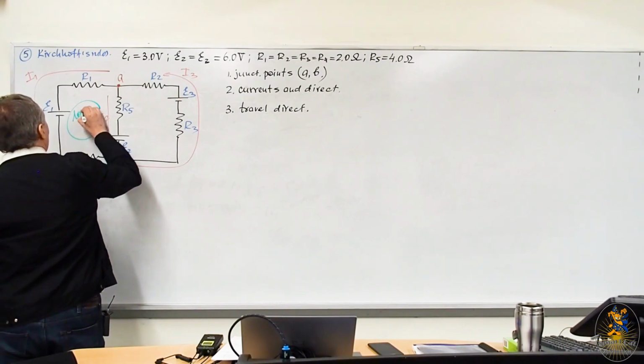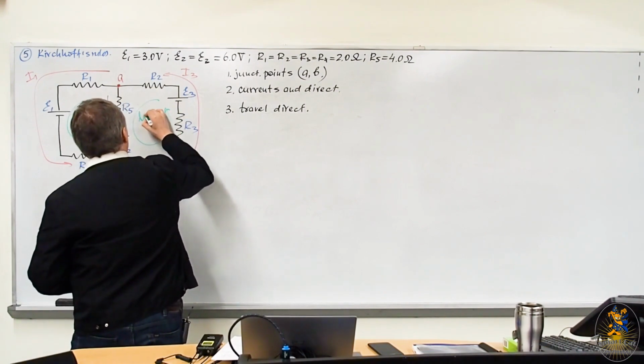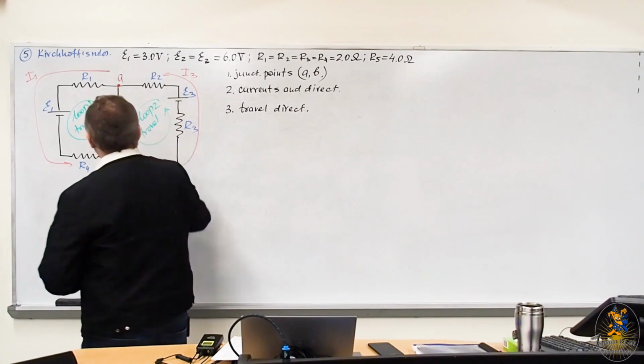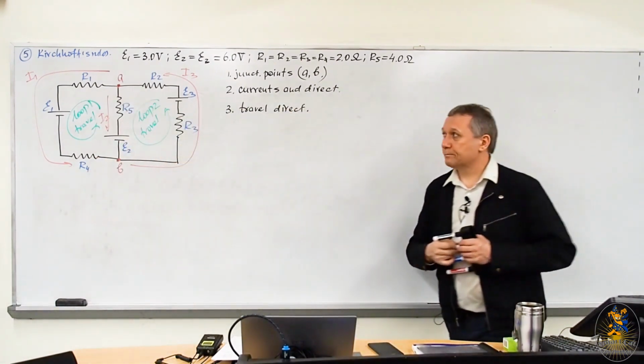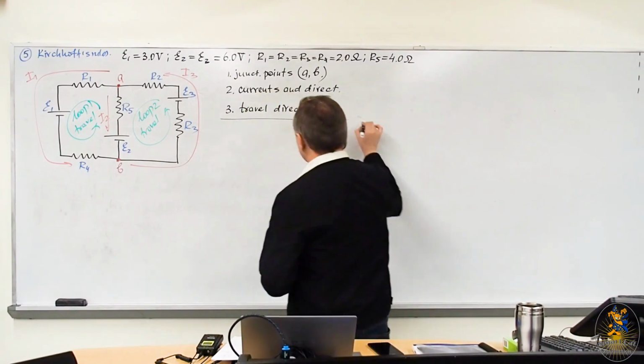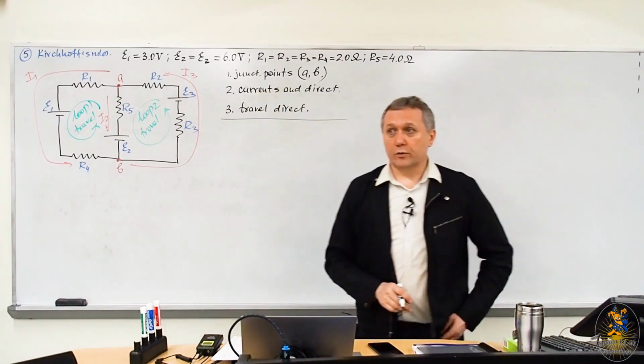So loop 1, travel, and here loop 2, again, that's the travel direction. Okay, so now the preliminary steps are done. And now we can start writing down the actual equations.